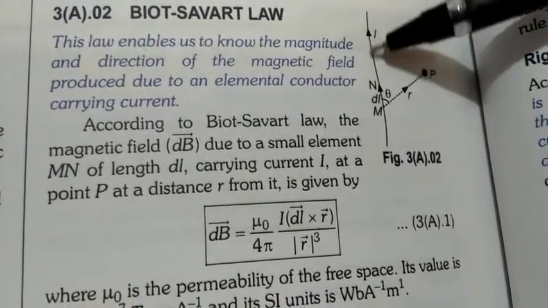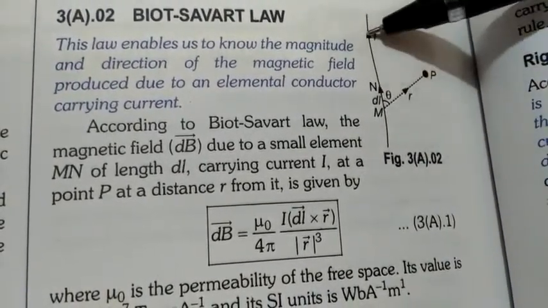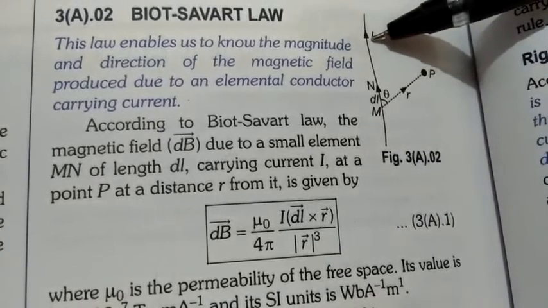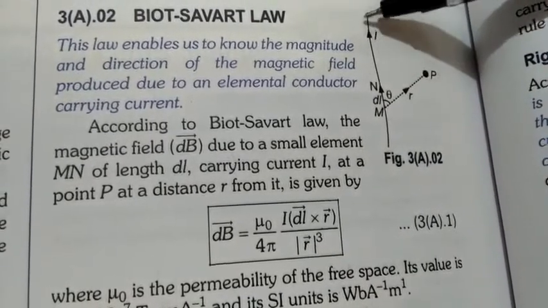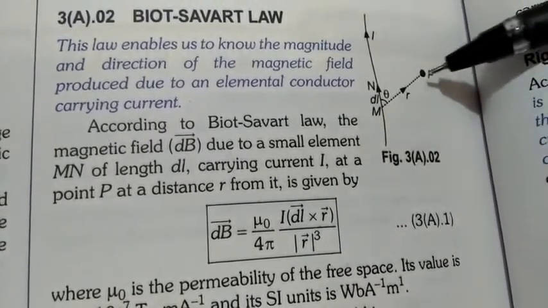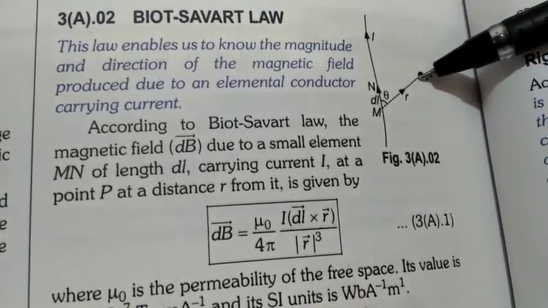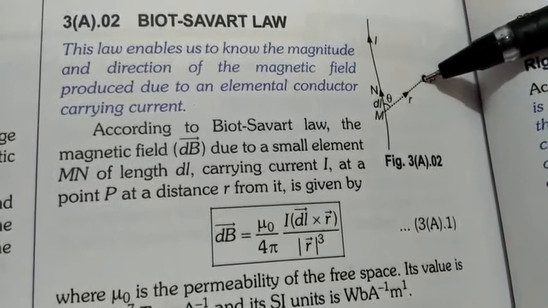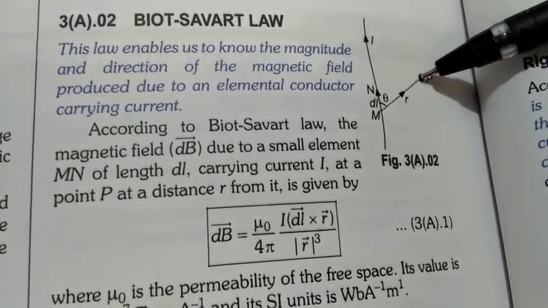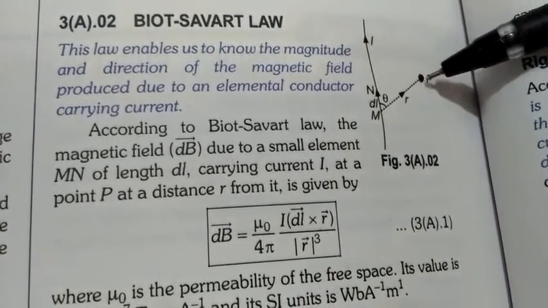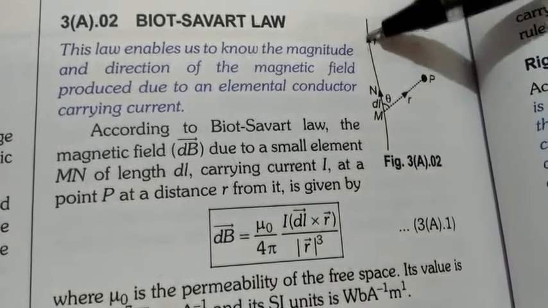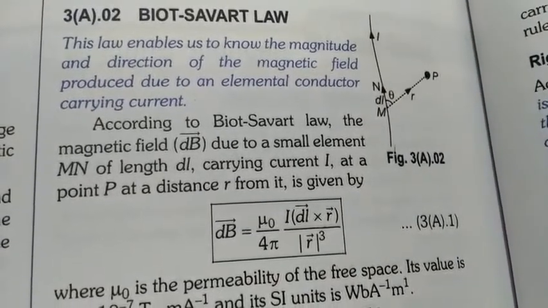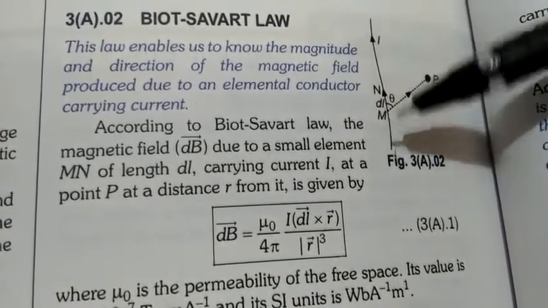Now suppose this is one conductor and this is current I flowing in the conductor. Okay. So because of this conductor at a point P, what is the value of magnetic field here? That we can conclude by Biot-Savart law. Okay, for that what we will do?